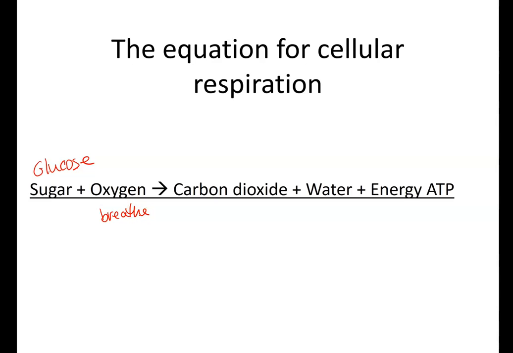We breathe in that oxygen, and our bodies, through this process of cellular respiration, convert that into carbon dioxide, which is what we exhale out, water, and there's our ATP molecule for energy inside of our cells. So you must know what goes into this reaction and what comes out of this reaction.